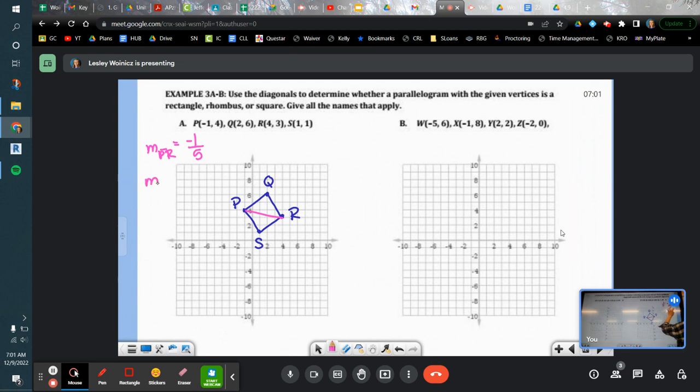Okay, the slope for QS is up 5, right 1. So 5. So these are opposite reciprocals.